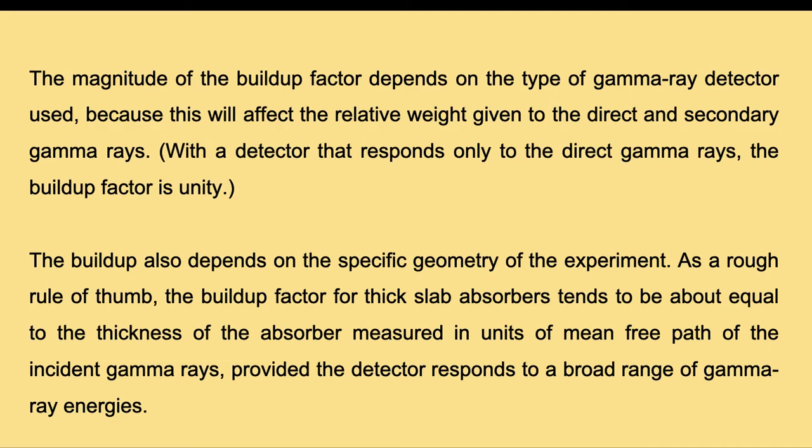As a rough rule of thumb, the build-up factor for thick slab absorbers tends to be about equal to the thickness of the absorber measured in units of mean free path of the incident gamma rays, provided the detector responds to a broad range of gamma ray energies. That means you are using a wide range of gamma ray. So, you can see that the build-up factor is almost equal to the thickness of the absorber. So, that is a way of finding that factor.